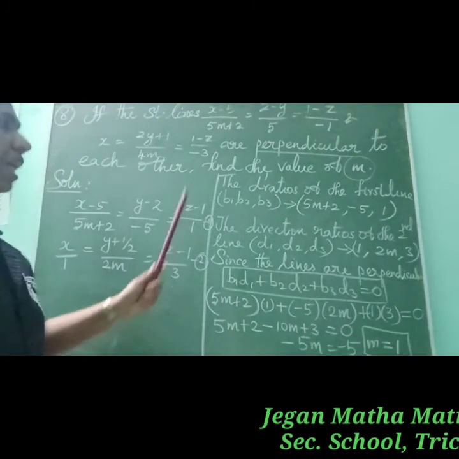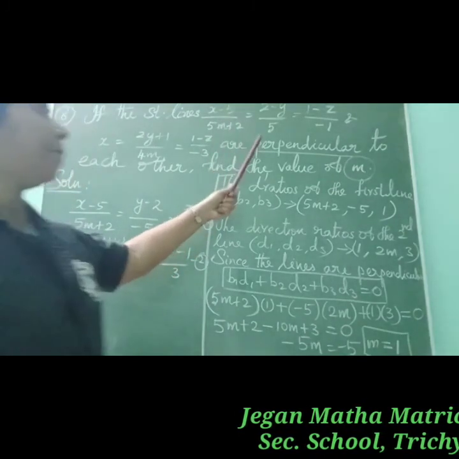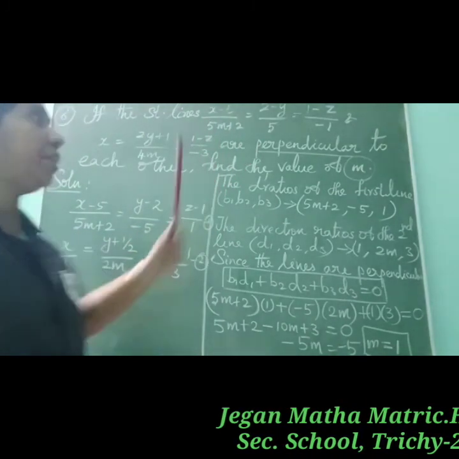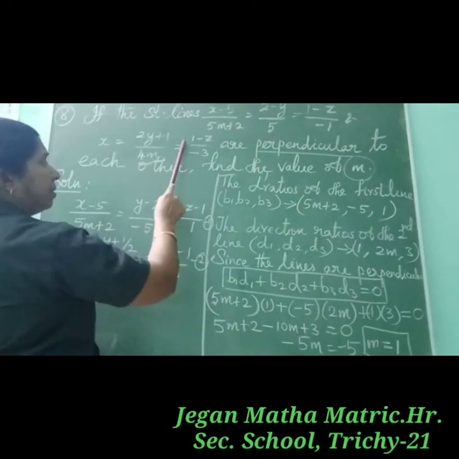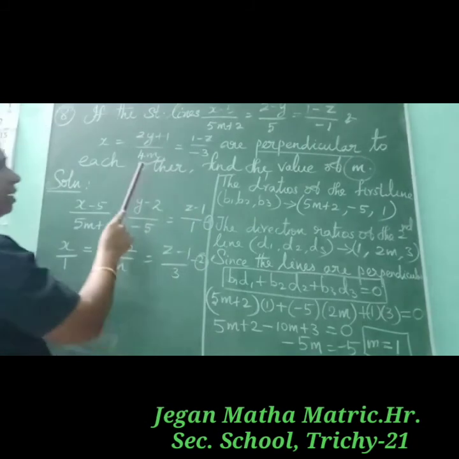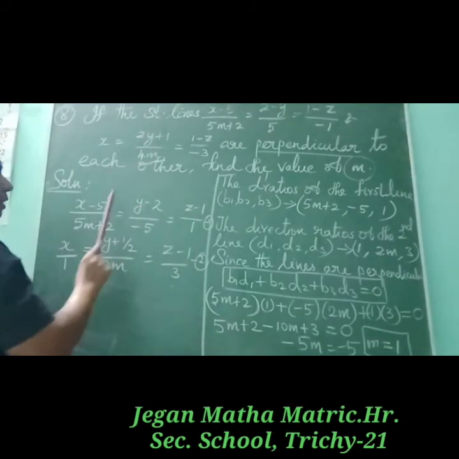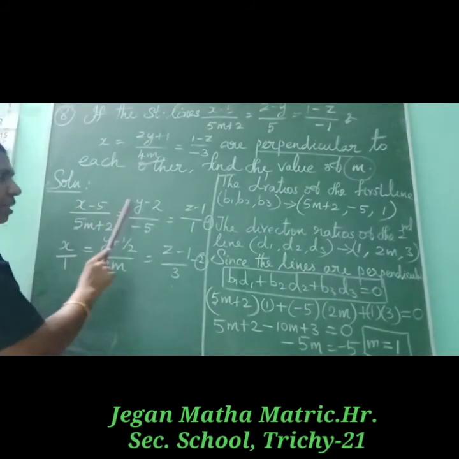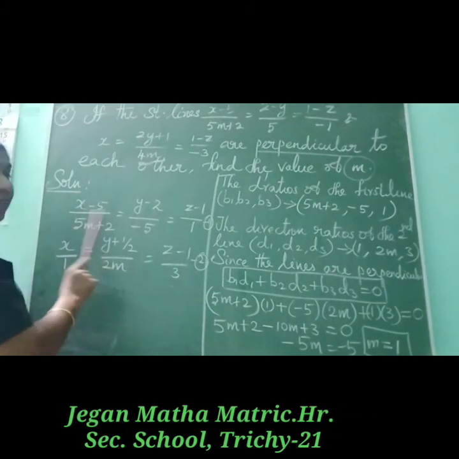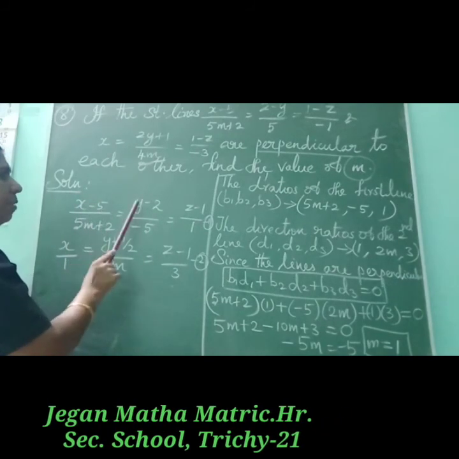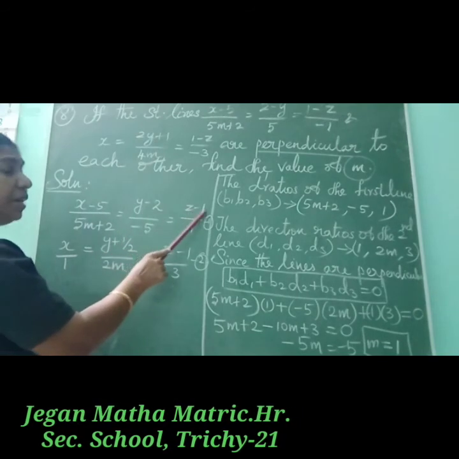So if the two lines are perpendicular, the first point to remember is to rearrange the given equations in the standard form. Standard form means the variables must be there with coefficient 1 in the numerator. The equation is in the form (x minus x1), (y minus y1), (z minus z1).